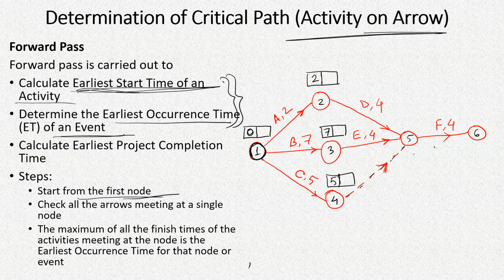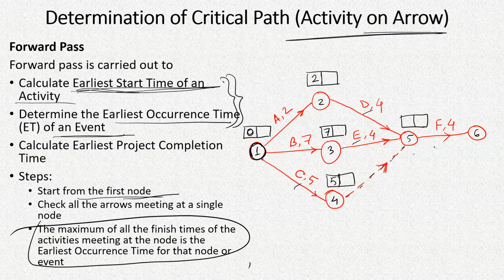Okay, now when we go to this node 5, node 5 represents completion of all these activities D, E, and C, and for that we'll have to look at the maximum of all the finish times of the activities meeting at the node.